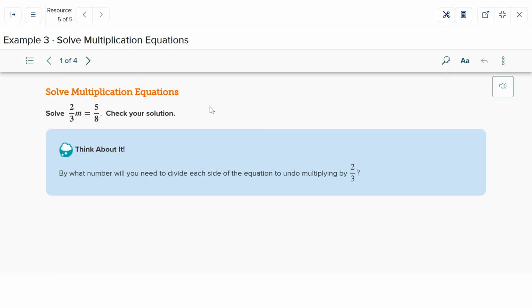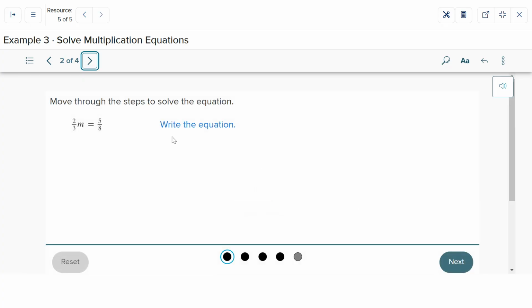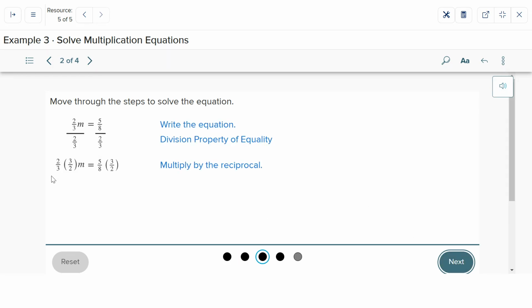Example 3, solve multiplication equations. This time we've got some fractions to work with. 2/3 m equals 5/8. All right, here's our equation. Then we have to divide by 2/3 on each side because we want to get that m by itself. They're reminding you how to divide by multiplying by the reciprocal here. So 2/3 divided by 2/3 is the same as 2/3 times 3/2. And you can do that on the other side as well. And then you can simplify.